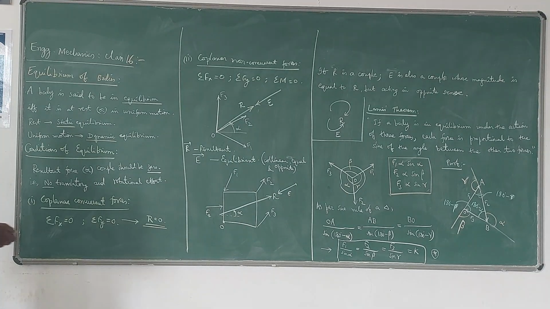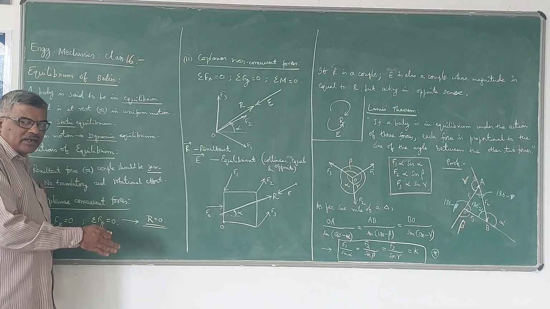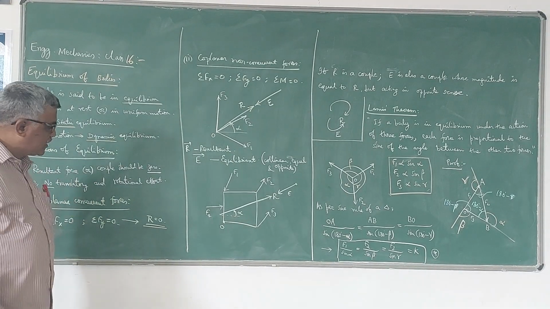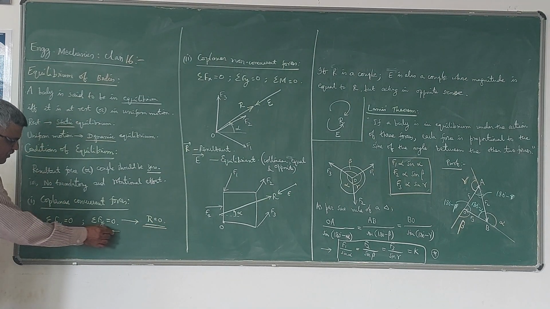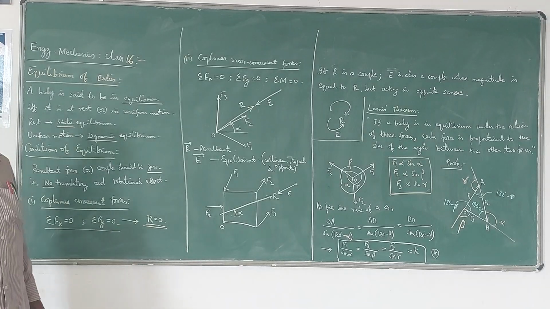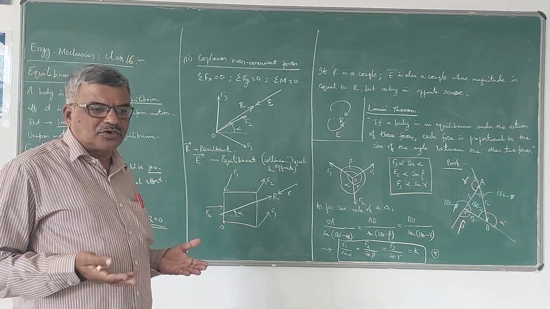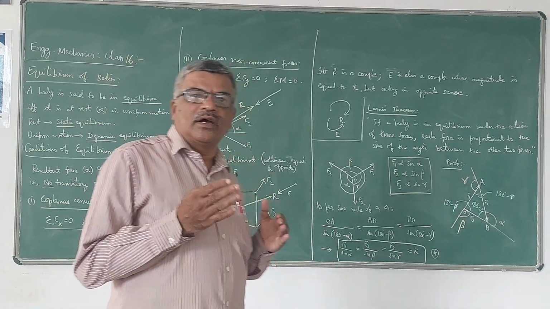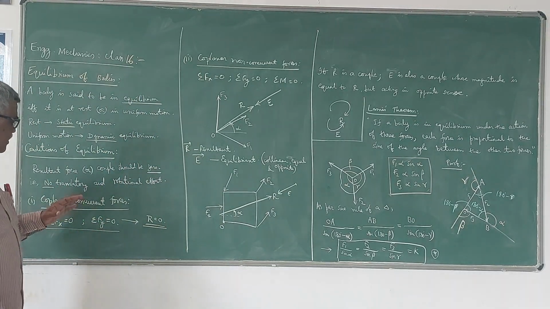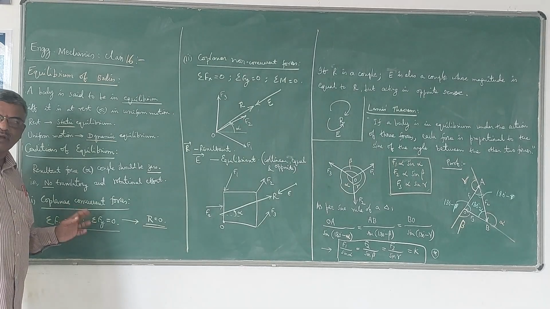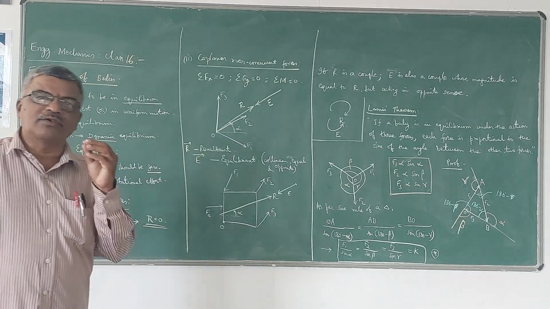So only force will be there, and there is no question of moment. The resultant force being zero means both sigma Fx and sigma Fy should be zero. So the algebraic sum of all the forces in the x direction should be zero, and the algebraic sum of all the forces in the y direction also should be zero. Then we say that the body is in equilibrium in the case of coplanar concurrent forces.